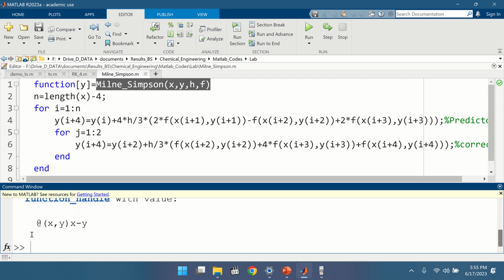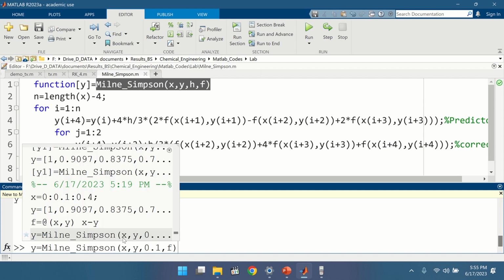I just input this one. Then we have y equals, and we input the x defined, y defined, h is 0.1, and then we give f as well. It will give the value 0.747, which is exactly the same as what we did a bit earlier.